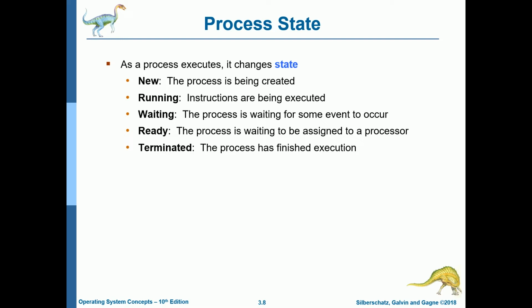Waiting, the process is waiting for some sort of event to occur, such as an I/O completion or reception of some kind of signal. Ready, the process is waiting to be assigned to a processor. And finally, terminated, the process has finished execution. It's important to realize that only one process can be running on any processor core at any instant.